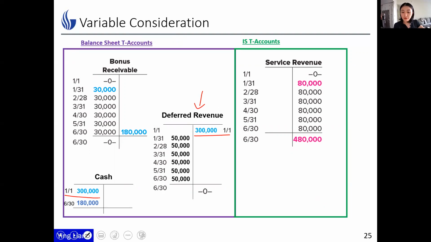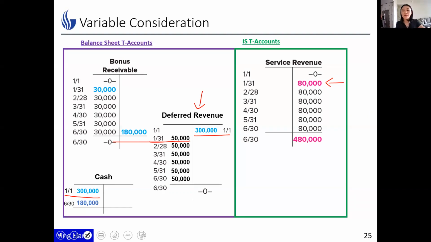That's a liability, so credit means an increase on the right-hand side. Now, each month I recognize $80,000. That's the most likely situation. Where does the $80,000 come from? Number one, I have to reduce 50 from my deferred revenue account, but that's not enough. I have to find the difference, $30,000, somewhere else.